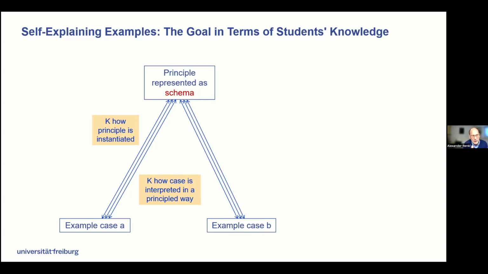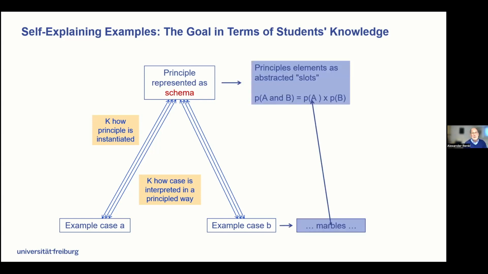If they have this well represented, they know how a principle or theorem can be instantiated or used to solve a case problem. And on the other side, if they encounter a case problem, they learn to interpret it in principle terms. That means, for example, they can see, this is a problem where the multiplication rule in probability applies.